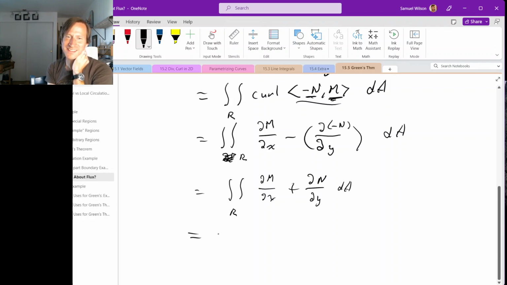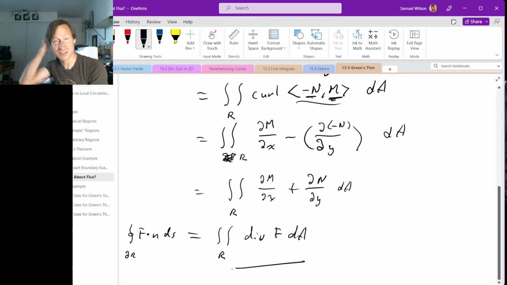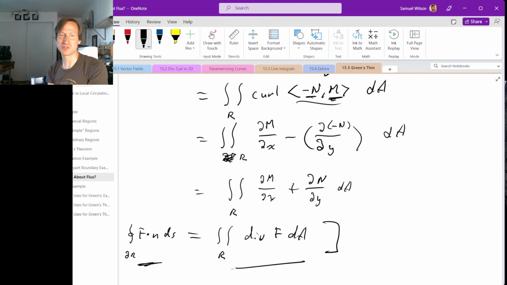But this is exactly the double integral over R of the divergence of the original vector field F. Okay, so we started with the integral over the boundary of R of F dot n ds. And what we got was the double integral of the divergence. So this thing that we guessed for vector fields about divergence and the flux integral is true for all of the regions for which Green's theorem is true.